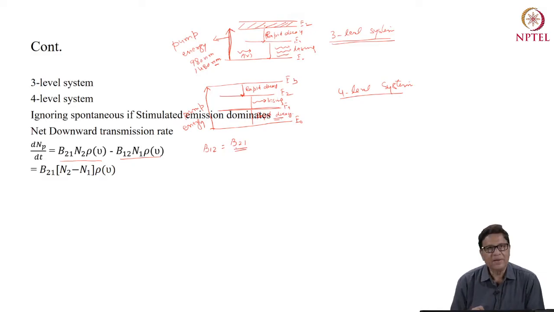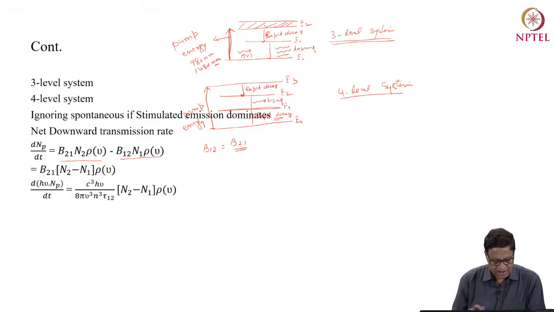That means the transition probability of absorption and of stimulated emission are actually the same. So B12 can be taken common. This becomes N2 minus N1 rho nu. And if I multiply by h nu Np, then I get this equation.